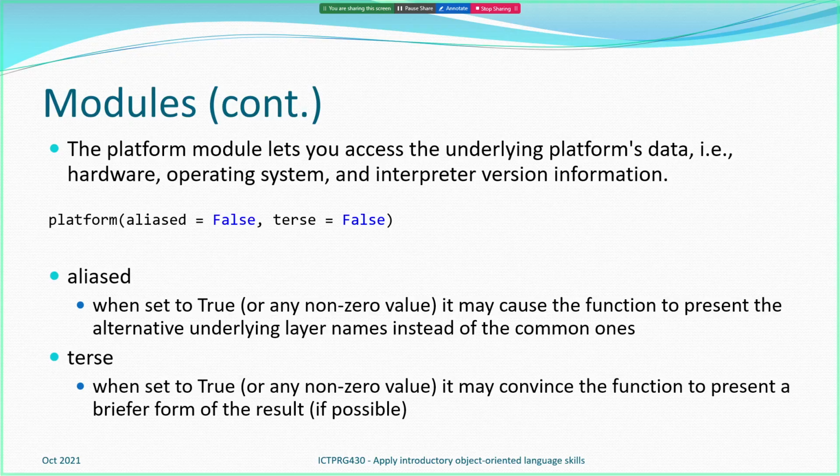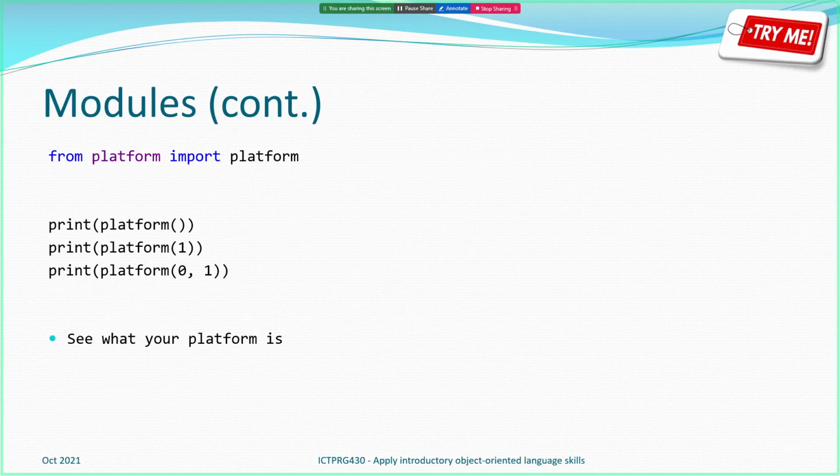When it's terse, it will bring in the briefest name that it can. Now, I would suggest you want to have a play around with these functions to see which one you would prefer to use. And it's always interesting to see what it pulls in.